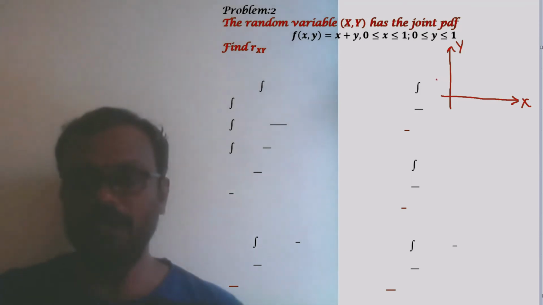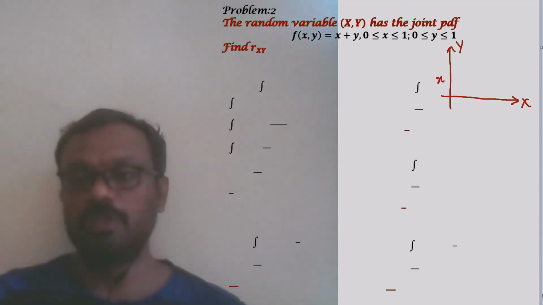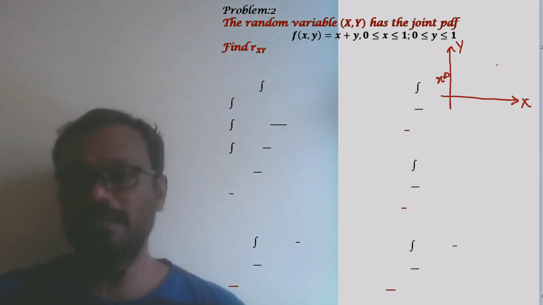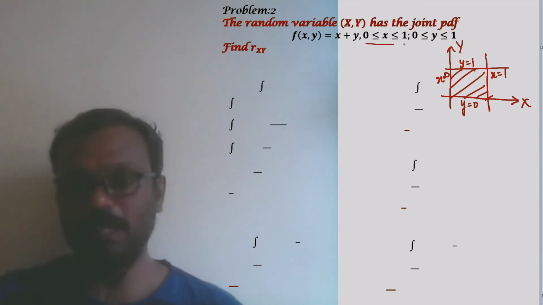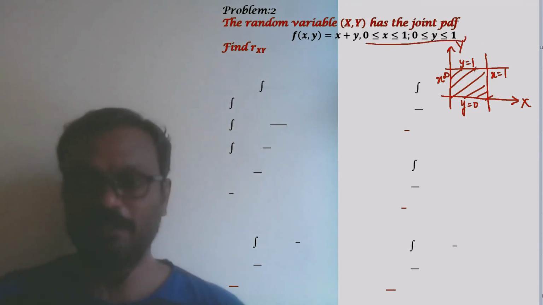Now we are given that x varies from 0 to 1, the y axis is x equal to 0 and x equal to 1 we have here. Similarly, y equal to 0 is the x axis and y equal to 1 will be here. So this is our required region. This is the domain of the joint density function.